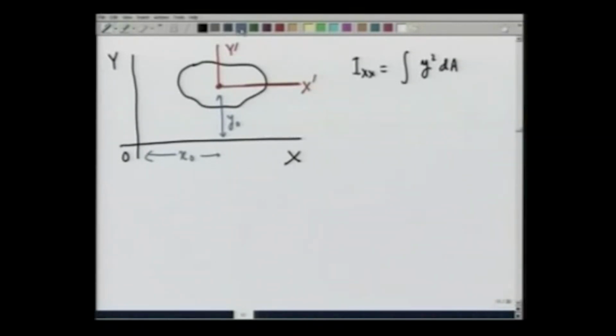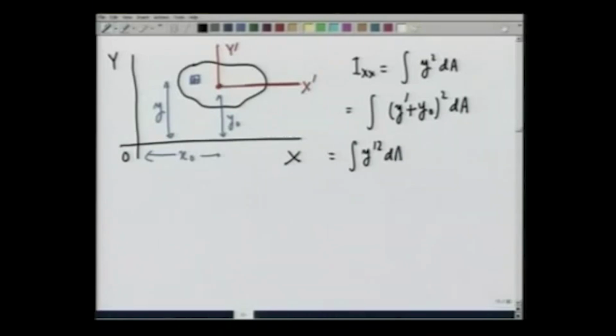So, suppose I have a small area dA here, this is y, which is also equal to y prime plus y0, where y prime is the y coordinate of the same area with respect to the x prime and y prime axes. So this is equal to integral (y prime plus y0) square dA, which is integral y prime square dA plus y0 square integral dA plus 2 y0 integral y prime dA.